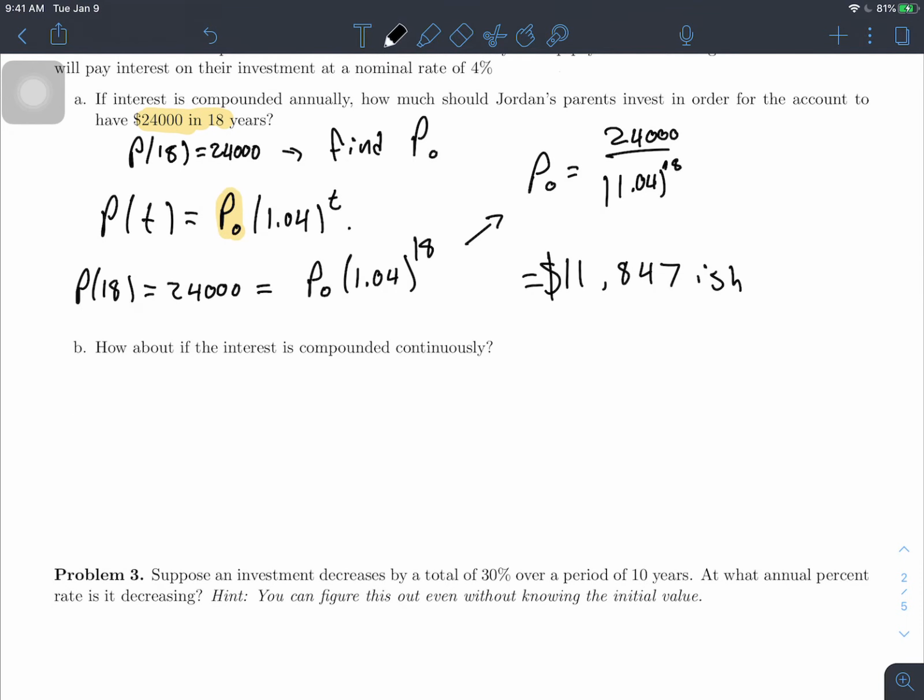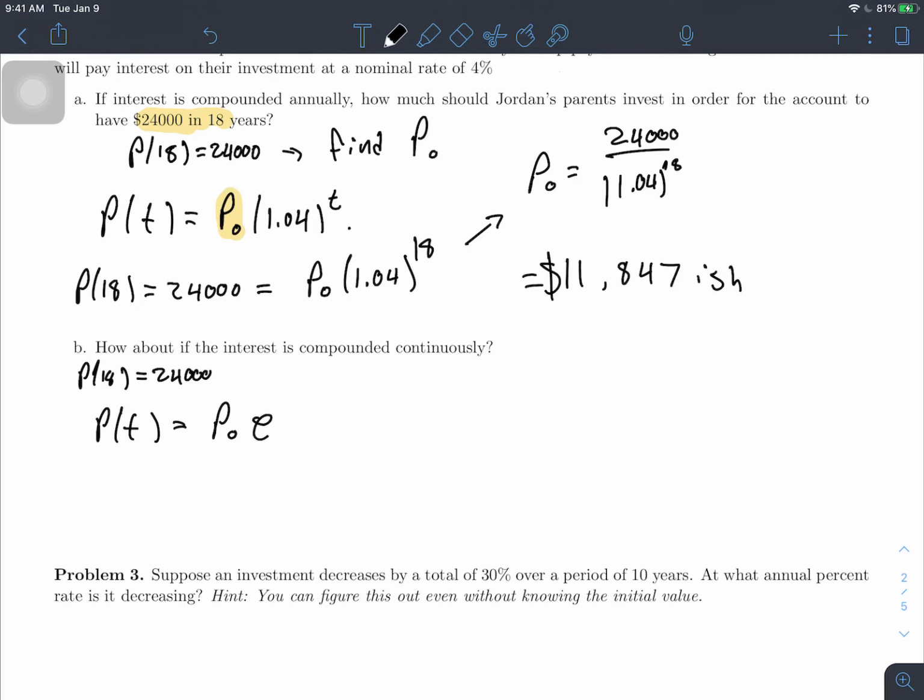Okay, now let's try part B. Same goal, different equation. P of 18 is still equal to 24,000. We know P of t is going to be equal to P naught times e to the power k, where k is given to me by the nominal interest rate.